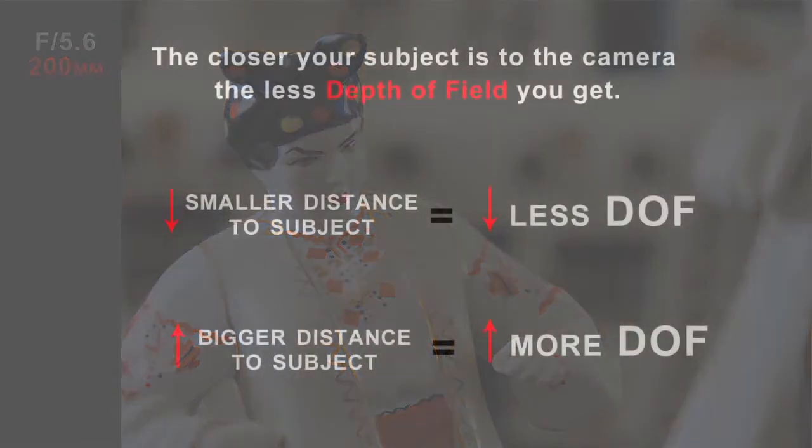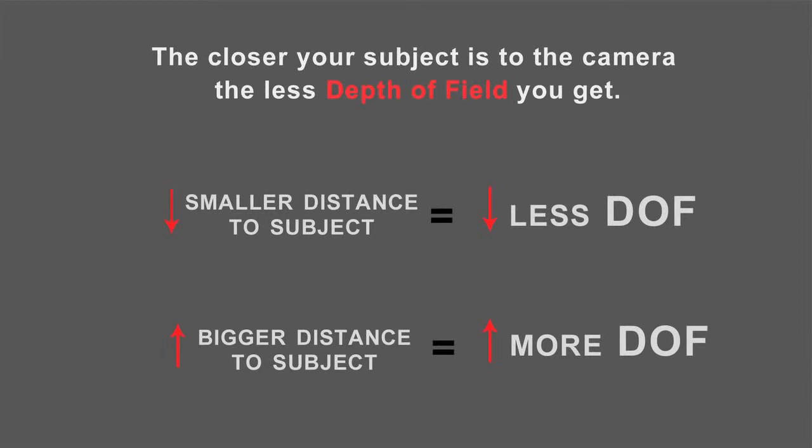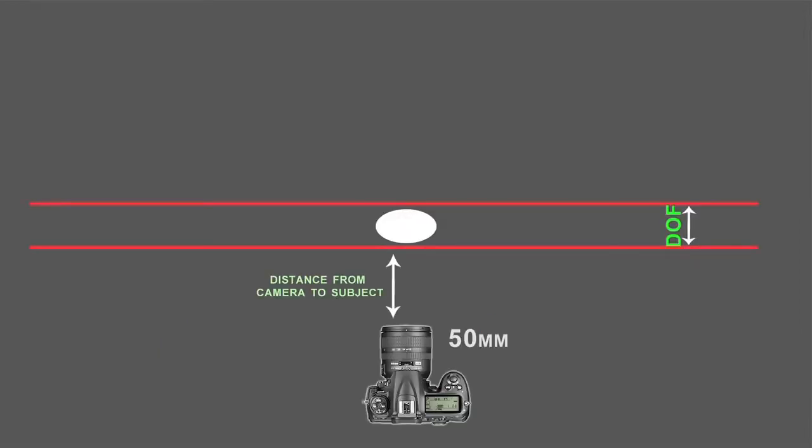And talking about distance to the subject, the distance to the subject is actually the third criterion which influences the depth of field. The closer your subject is to the camera, the less depth of field you get. In these examples, we will keep our aperture the same and our focal length of the lens the same as well.